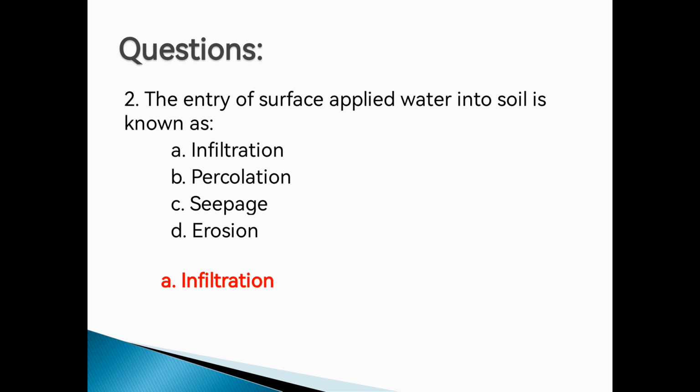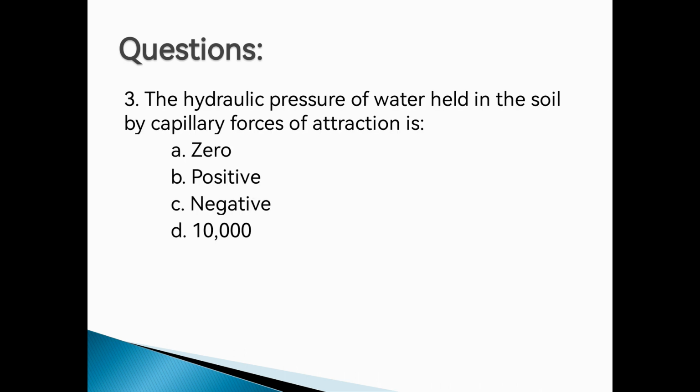Infiltration. Question number 3. The hydraulic pressure of water held in the soil by capillary forces of attraction is A. 0, B. Positive, C. Negative, D. 10,000. The correct answer is C. Negative.